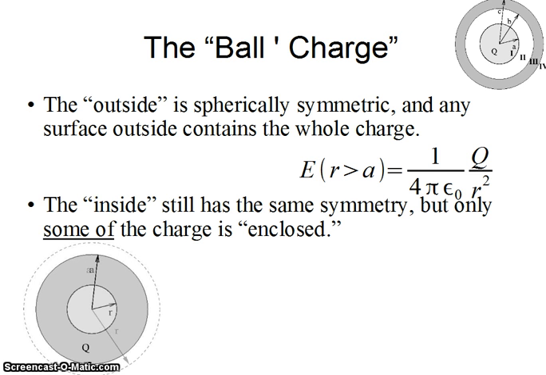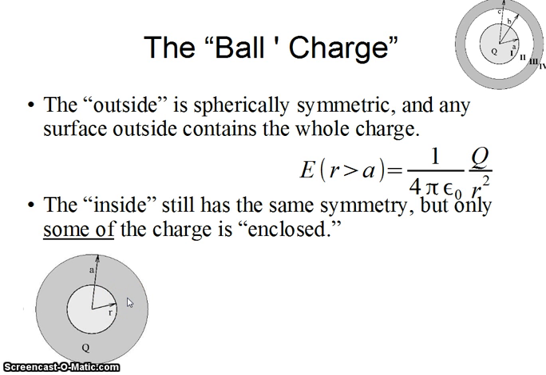Inside the spherical ball, we still have the same symmetry, so the field points out everywhere, but not all of the charge is enclosed. So as you move out to larger r, but you're still inside the ball, you don't necessarily have the 1 over r squared.